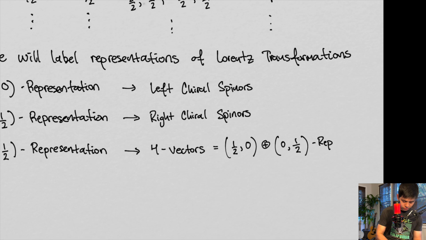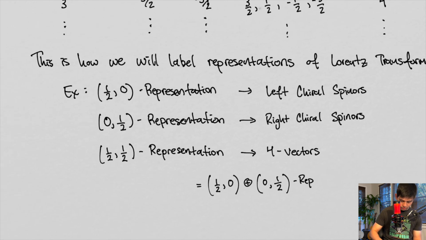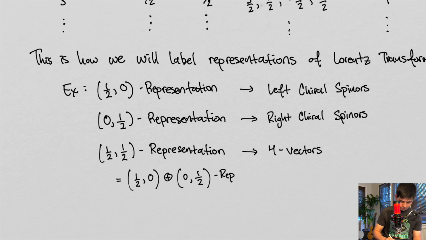I'll move this guy down here. I'll draw an arrow. But this 1/2 representation is the same thing as saying we take the left chiral spinors and the right chiral spinors, combine them together, and we'll find out that that combination gives another representation. That representation acts on the 4 vectors, right?